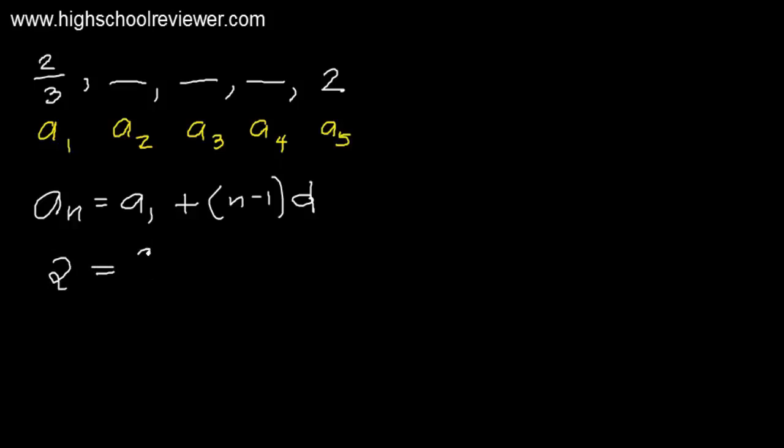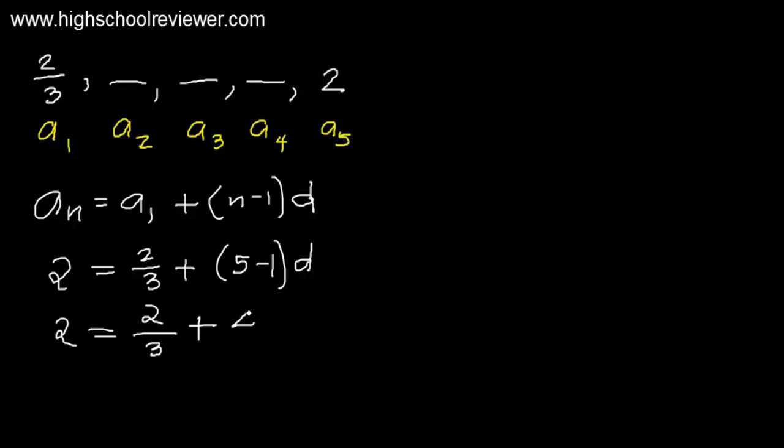Our a sub 1 is 2 over 3 plus our n, since this is the fifth term, our n will be 5 minus 1 multiplied by d. So 2 is equal to 2 over 3 plus 5 minus 1 is 4. So 4 multiplied by d, we will have here 4d.